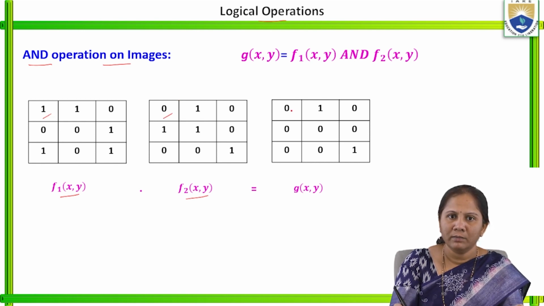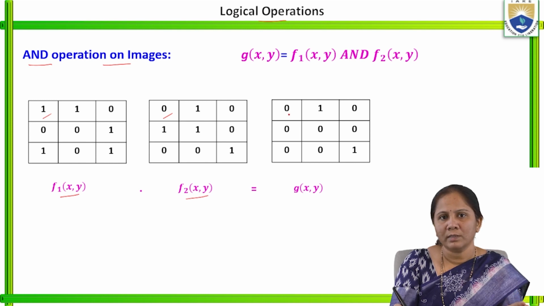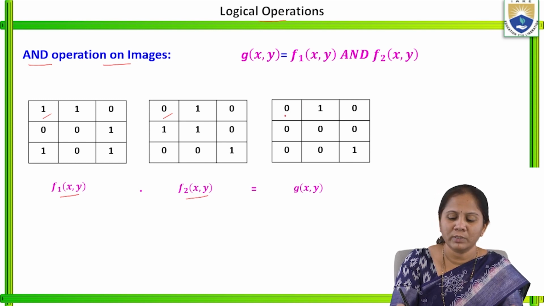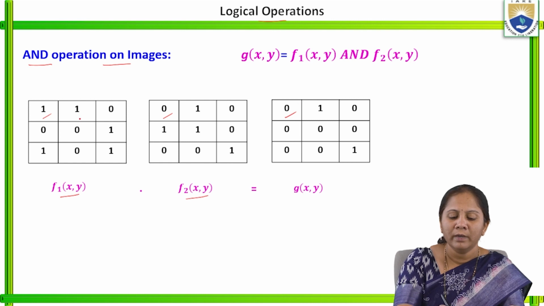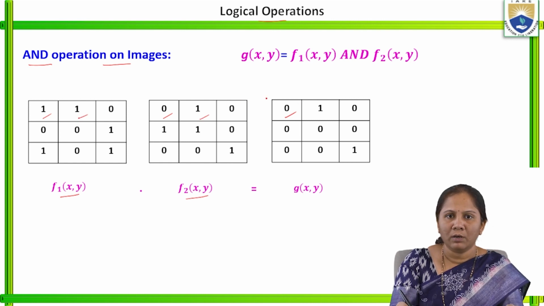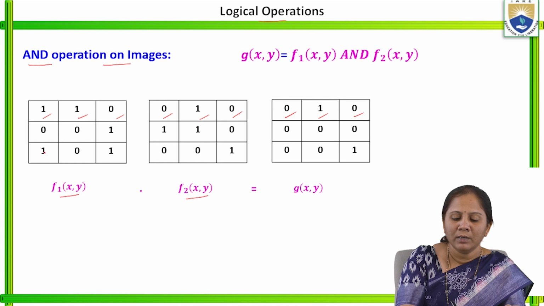For the AND gate, both the values should be 1, otherwise it will be 0. So here we got 0, and 1, 1 both are ones, so the result will be 1. For 0, 0 the result will be 0, following the truth table of the AND gate.